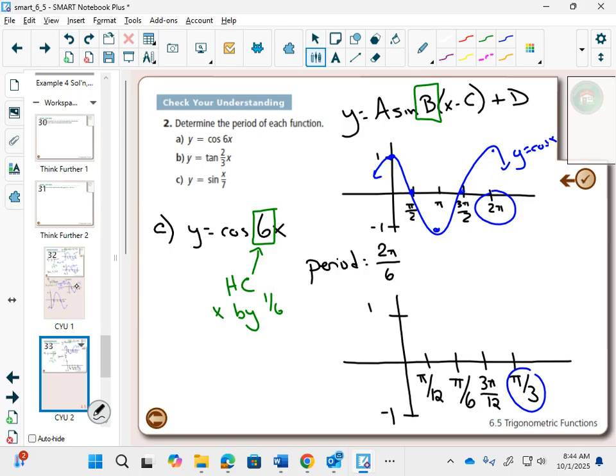Label your period first. Split it into 4 equal sections. Find the middle one, because it's half of pi over 3. Then find the first one, because it's half of pi over 6. Then find the third one just by counting. If the first one's 1 pi over 12, 2 pi over 12, 3 pi over 12s, you can label the third one.